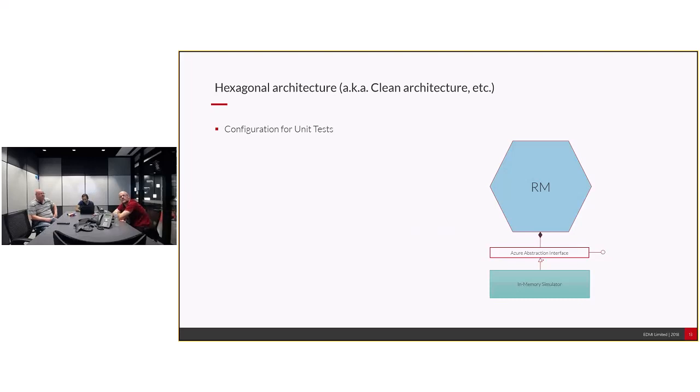So this is the configuration for unit tests. You have an interface and dependency injection and everything is fine, but in your unit test what you give it is the in-memory simulator. When you say blob, it is an IBlob, but the implementation is really an in-memory blob, and it does exactly the same set of things.